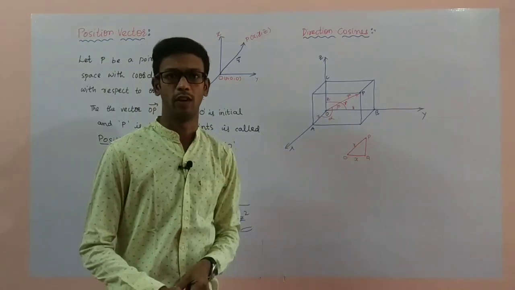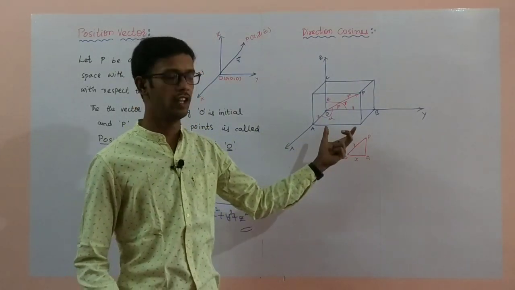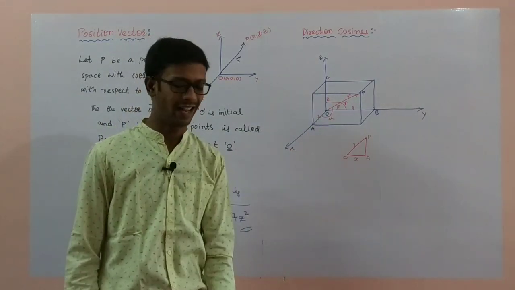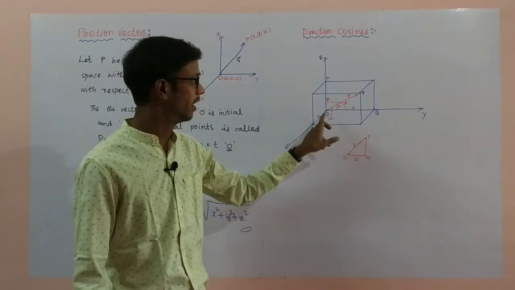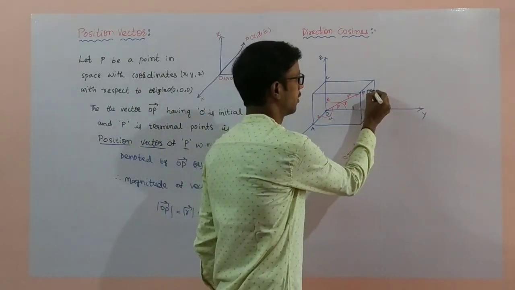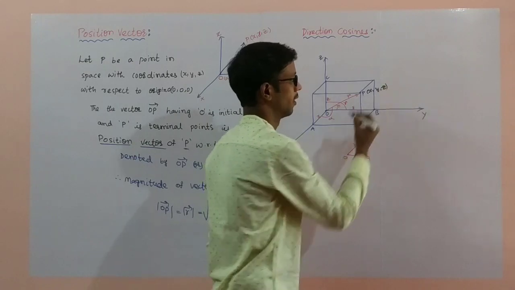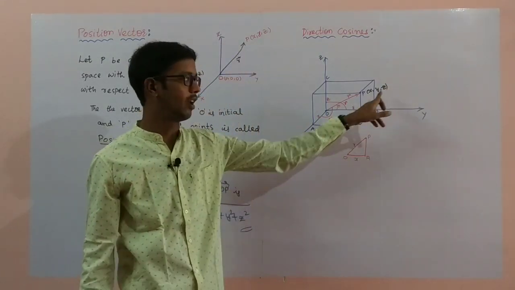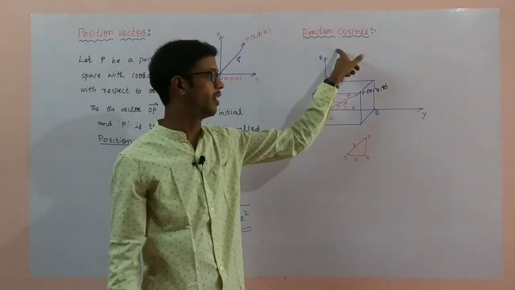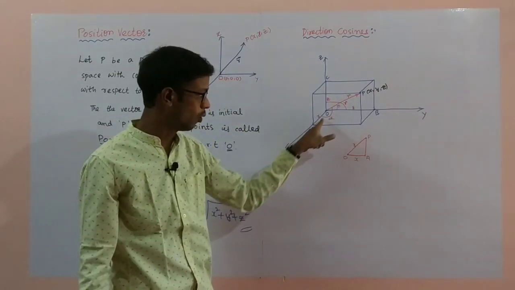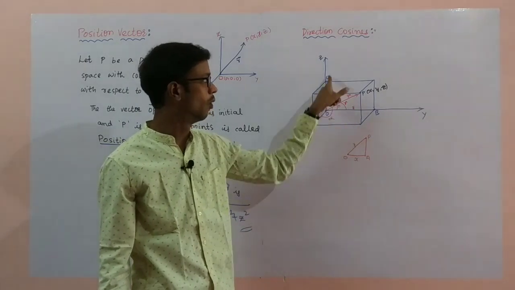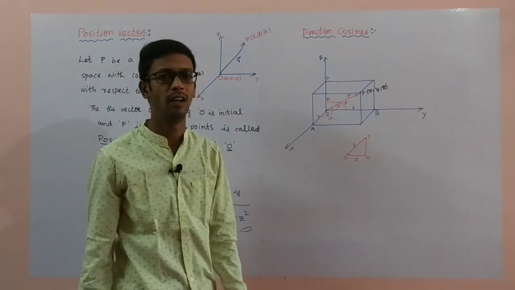Next, direction cosine. In 3D geometry, we are taking a rectangular system. In space, P is one point, P point is x comma y comma z. This is the x axis, y axis, z axis. The x axis OA distance is x, OB distance is y, OC distance is small z.